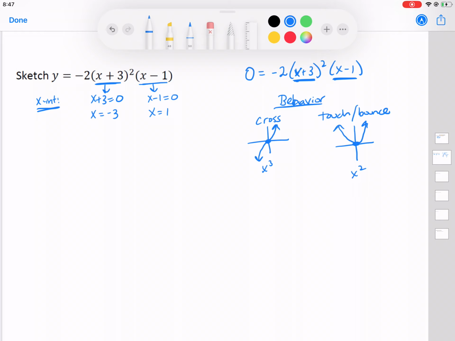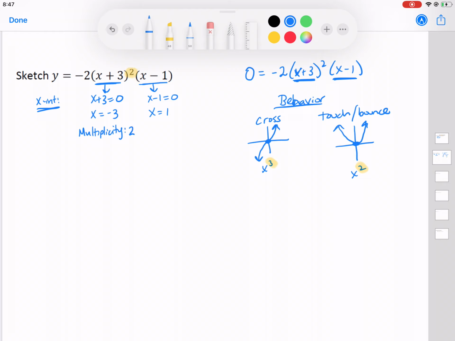It's really important that those two graphs are like that, because the exponent is going to tell us what the behavior is going to be. If we look back at the exponent of each factor, that's going to tell you the behavior of that factor, because that's what's called the multiplicity. That's how many times this specific factor occurs in this equation.